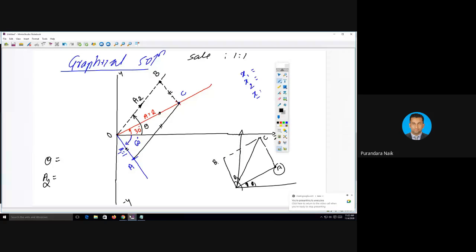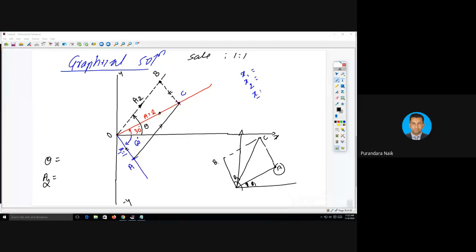Answer please, theta and A2. Understood or not? You're not able to get it? I can do it in the next class. Please tell me. Don't hesitate. Hello?